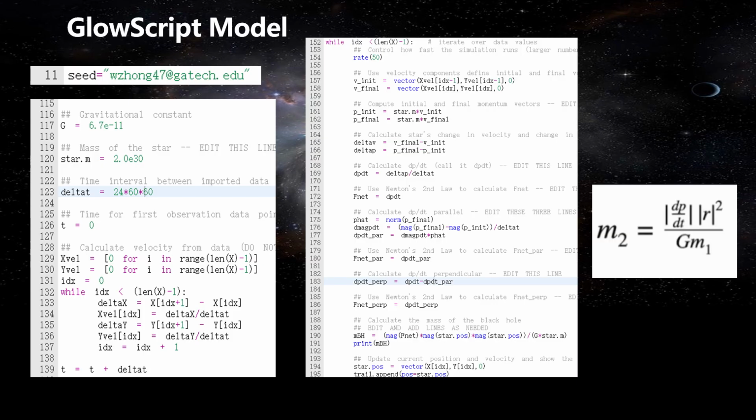And then the initial velocity and the final velocity. And then we have the initial position, final position, and then I just edited this part of the code to get my results. And this is the gravity factor that we used in this lab.